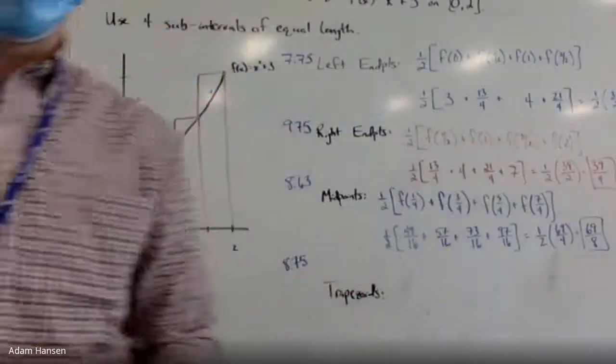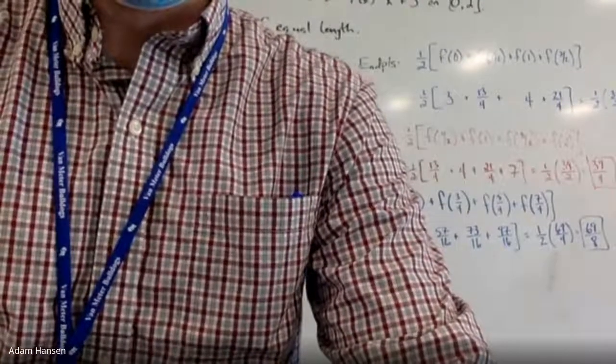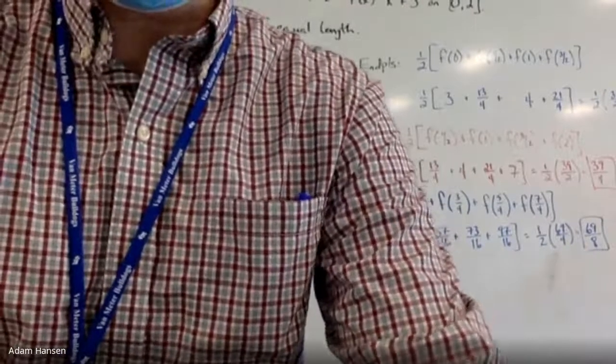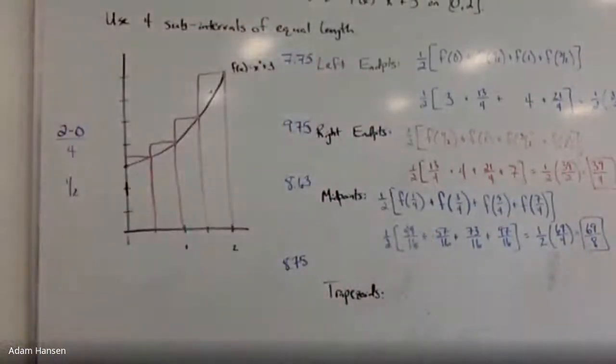Then half of that is 69/8, or approximately 8.63. That's 8.625, or 8.63 if you round to the hundredths. We've got our 3 rectangular approximations intersecting on the left-handed side, right-handed side, and in the middle at the midpoint.